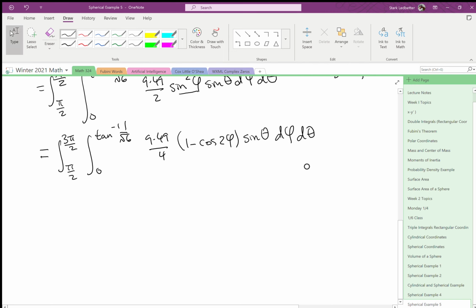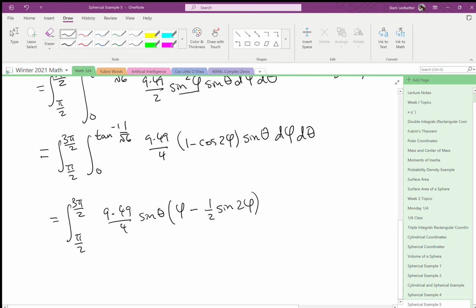Okay, now I can integrate that. So that's pi over 2 to 3 pi over 2. I leave a sine theta on the outside. Integrate with respect to phi, so this is phi minus 1/2 sine 2 phi, right? And then phi goes from 0 to tan inverse 1 over root 6 d theta.